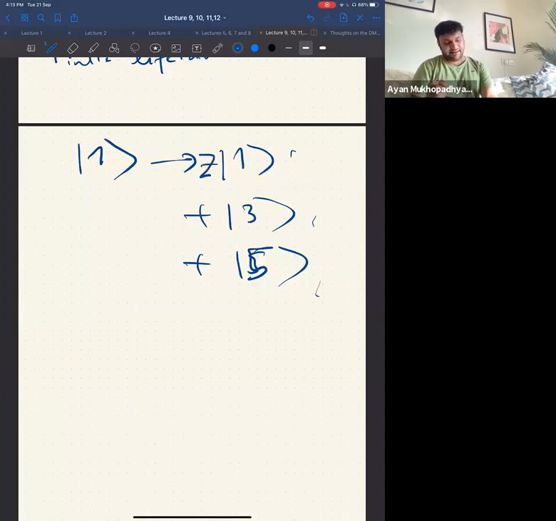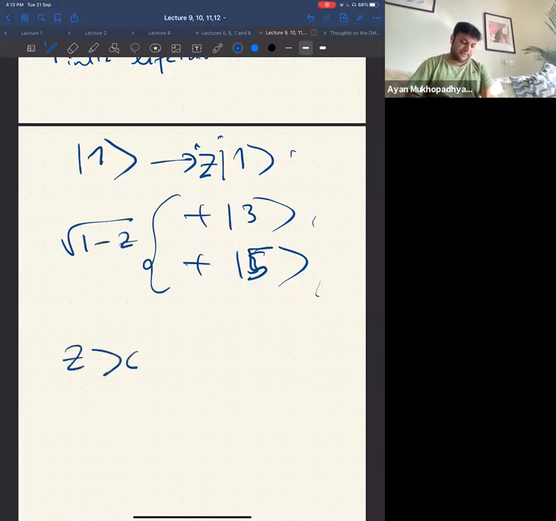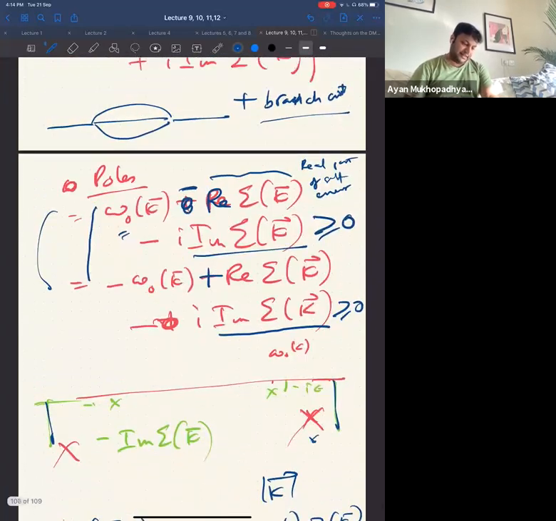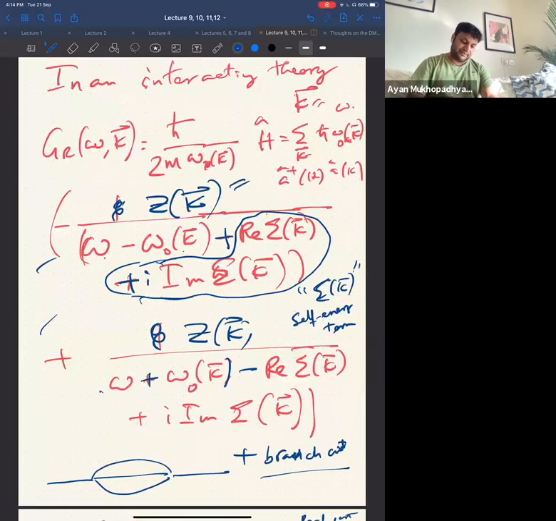This particular character is Z, and the rest of it would be simply the square root of 1 minus Z, where Z is positive. I can always absorb the phase here. So essentially, the weight of the one-particle excitation remains, and it is proportional to Z. That is the interpretation of this particular factor that we get here, right?